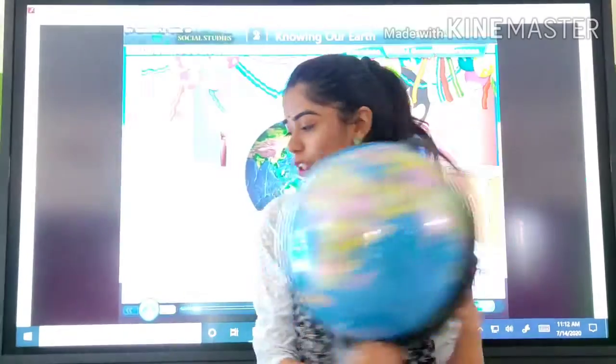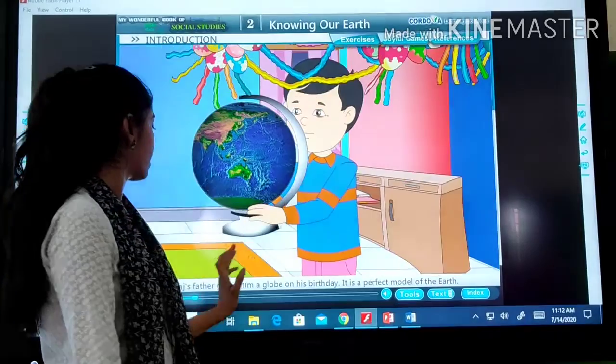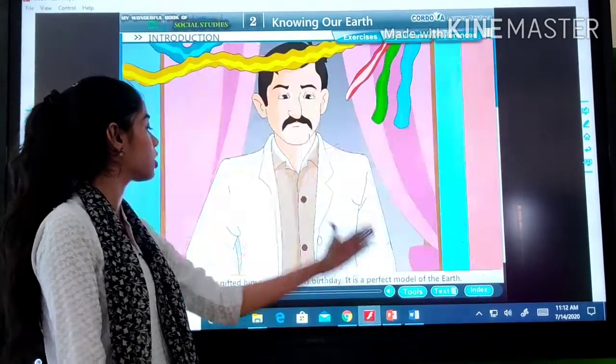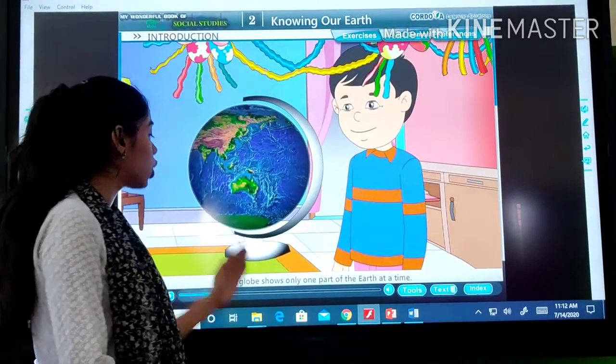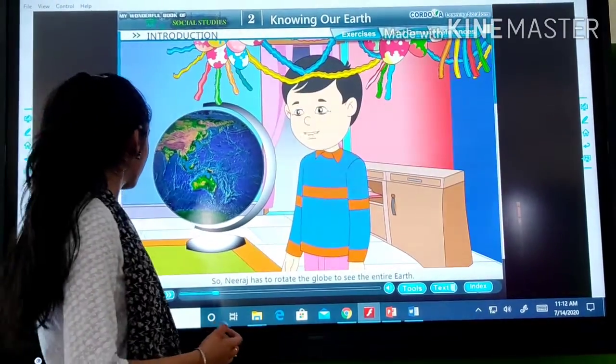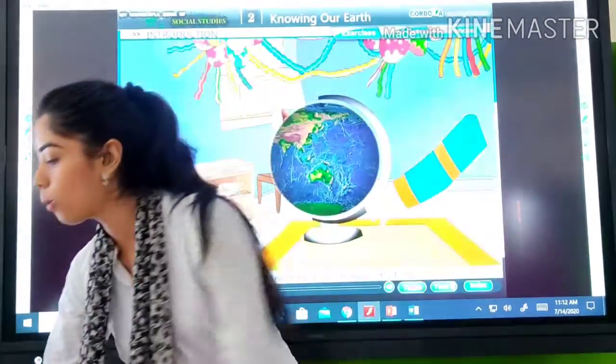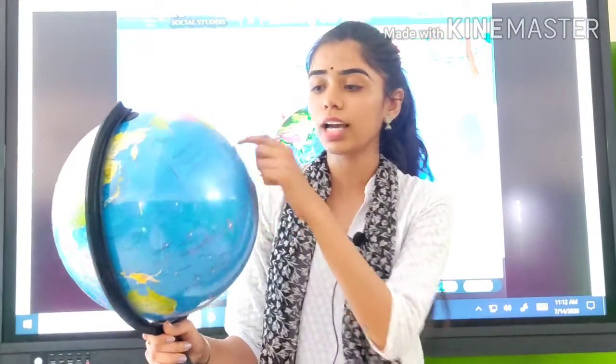Okay, let's continue. What happened next? It is a perfect model of the earth, but a globe shows only one part of the earth at a time. What is the problem in the globe? That it can only show one part of the earth at a time.